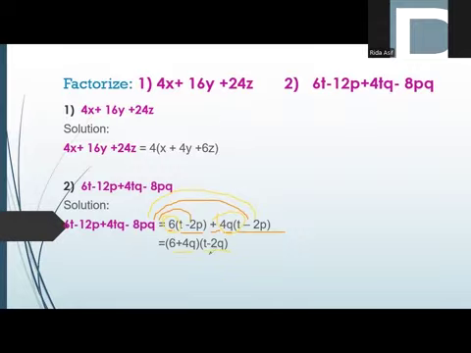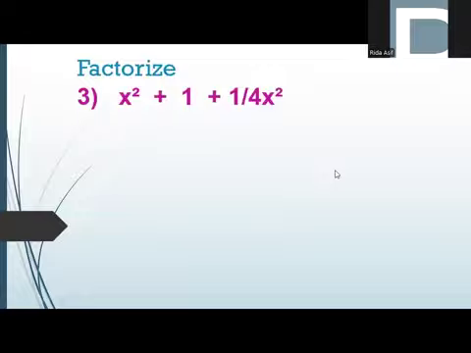So this is it. In this way, we can do the factorization by common factors in pairs of terms. Moving on to our next question: x squared plus 1 plus 1 upon 4x squared.